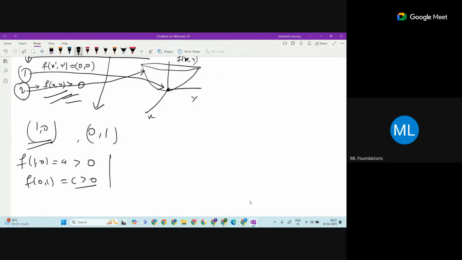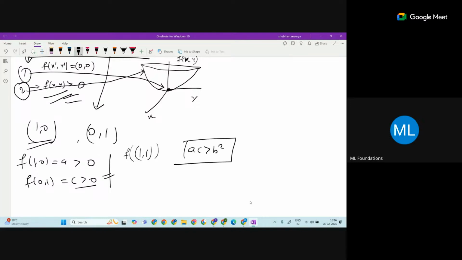The next condition, you can do 1, 1. If you substitute 1, 1, you will get some relation. But not only these two will suffice. The third condition is that AC should be greater than B square.